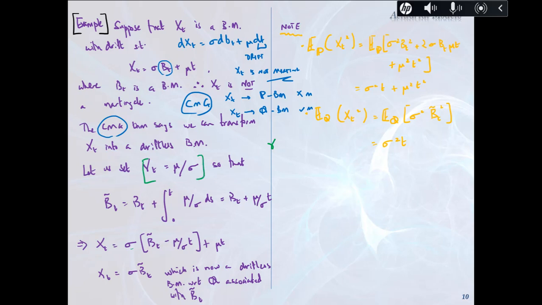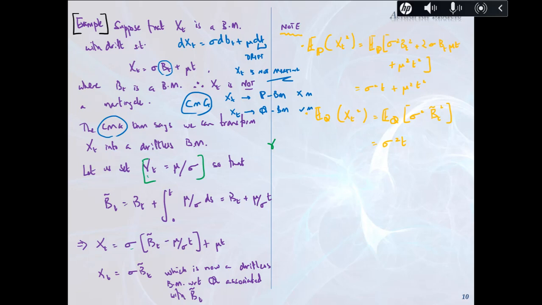Now you may ask, how do we determine that previsible process gamma? When we complete this part, you will understand how we deduced that expression for gamma. We said that gamma is equal to mu over sigma.